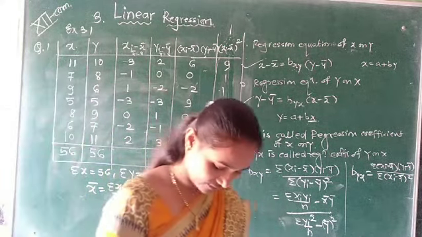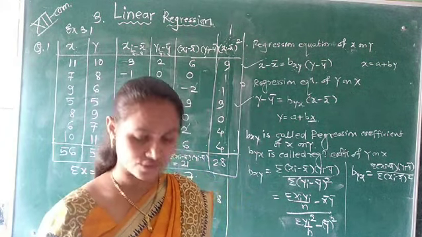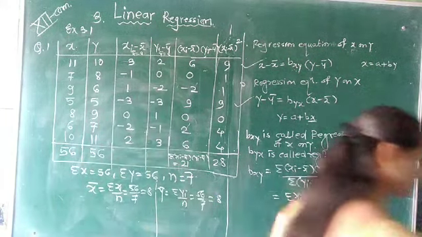Here, the first question: we have to find the regression equation of income on years of service. Income is y and years of service is said to be x.